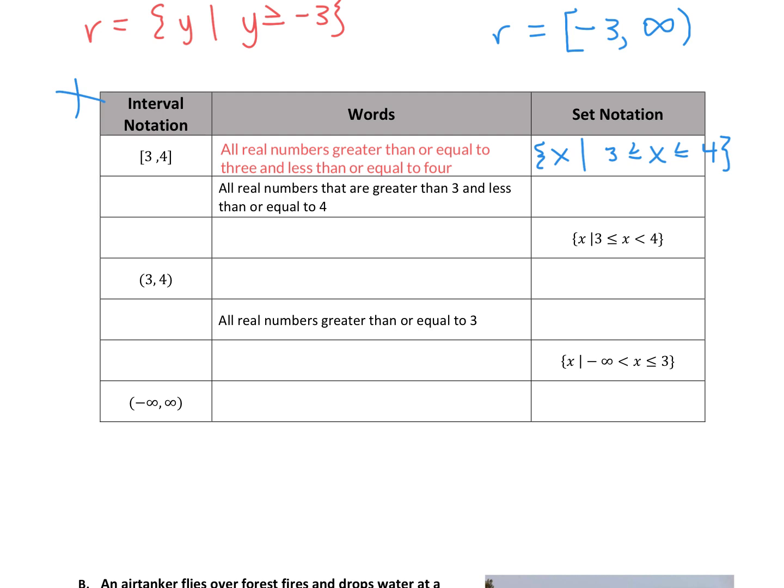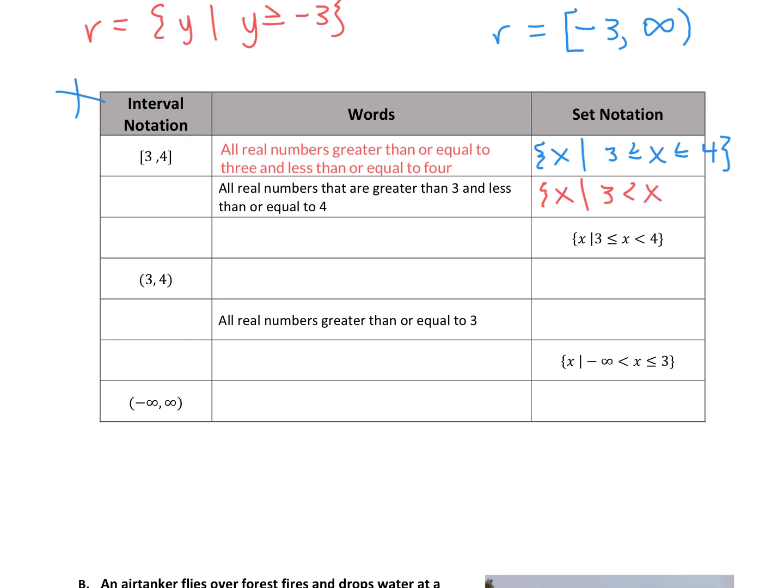Okay, next example, all real numbers that are greater than 3 and less than or equal to 4. Since we just did the set notation, let's do that again. So it's the set of all x's such that, so it says greater than 3. So that means their x is greater than 3 if we read it backwards.